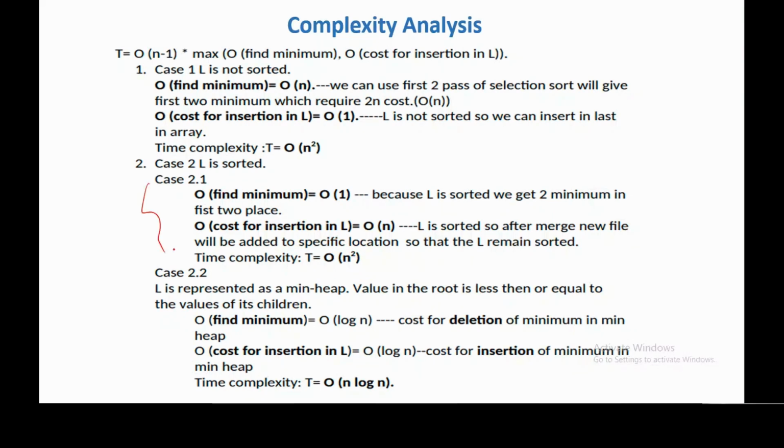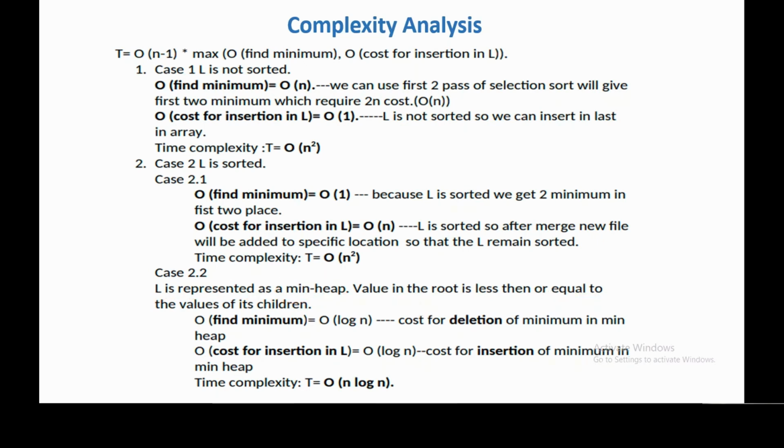As it is a tree basically, rather than storing in a simple array at any other place, we can simply store them in a min heap, because every time we need the minimum value. So the L can be represented as a min heap, where the value in the root is less than or equal to the value in the children.